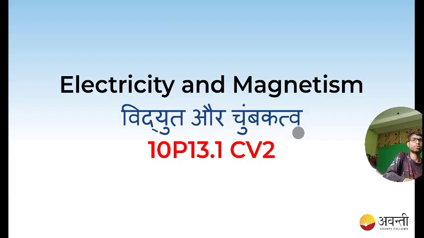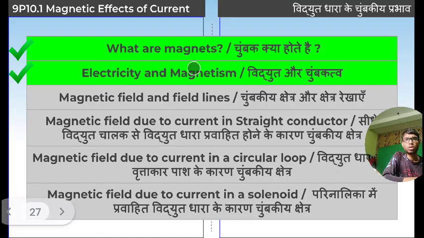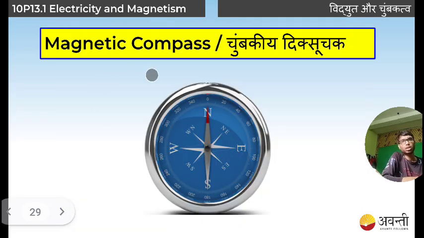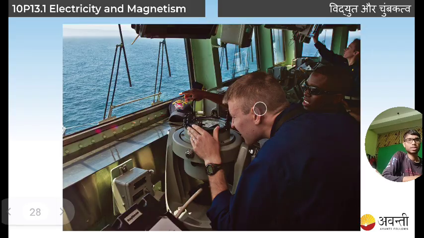Now next, electricity and magnetism. What are magnets? We are clear about it, and we are continuing on this. Electricity and magnetism. What is happening over here? You are not able to see. A magnetic compass. This ship will find direction.